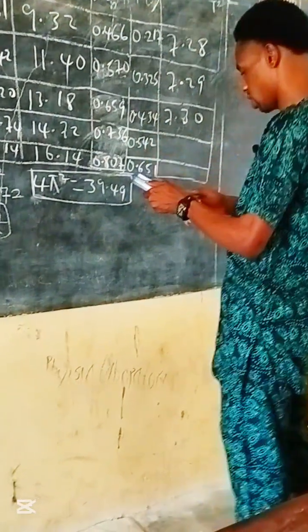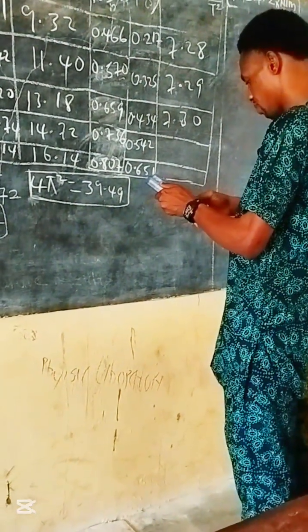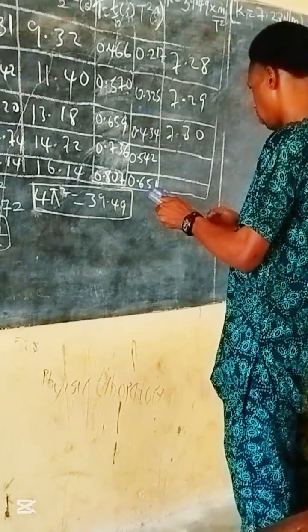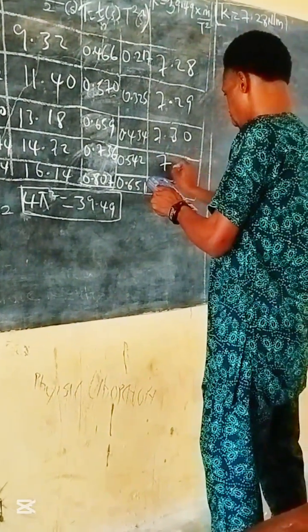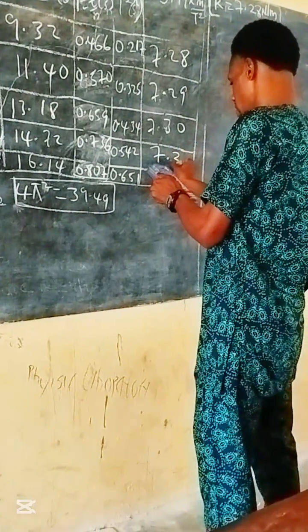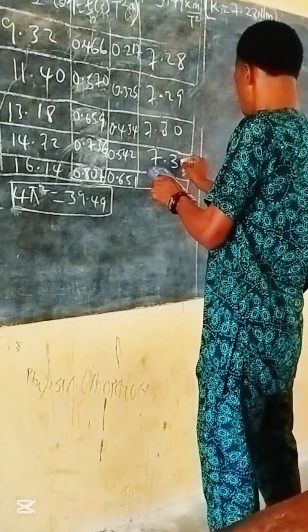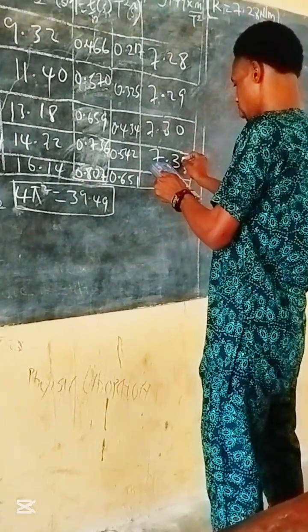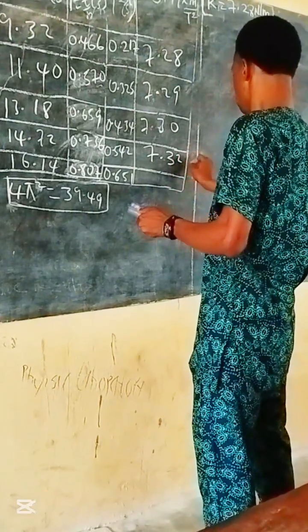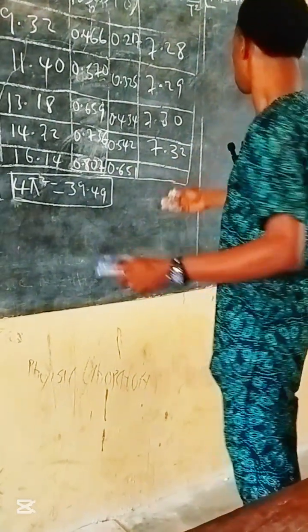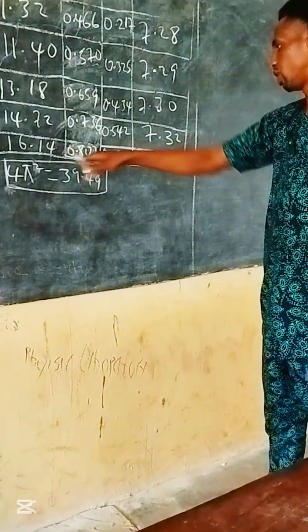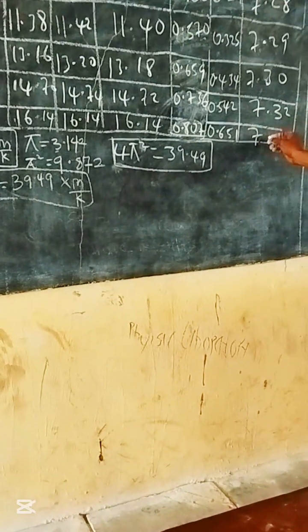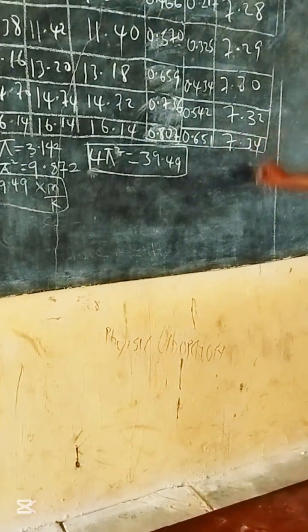I'm using 0.542, and that will be 7.32. Let me take 3 here. You see that this is increasing, but I'm not calculating the other one. I just use our predicted value, 7.34.